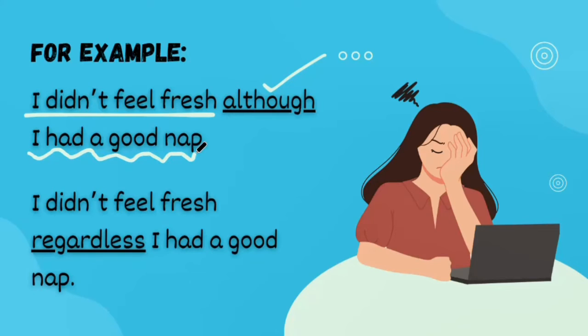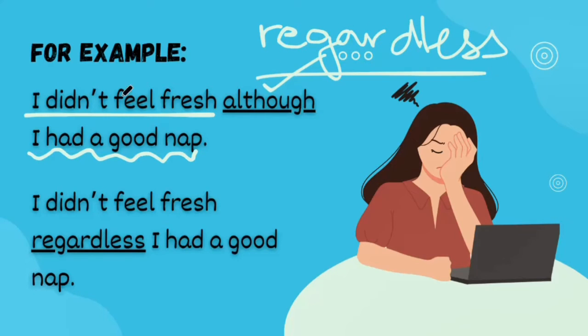Because if you have a good nap, you usually feel fresh, right? But here the sentence is telling us that even after, or regardless of, having a good nap, someone is not feeling fresh. I hope you have got my point.